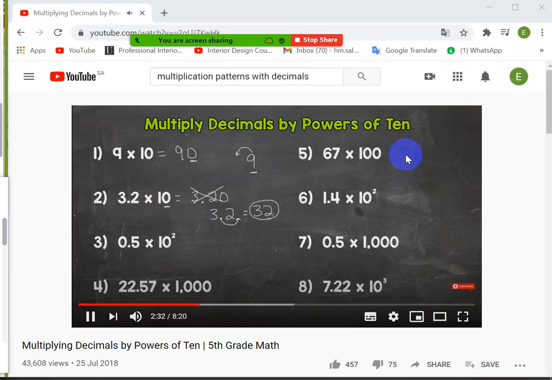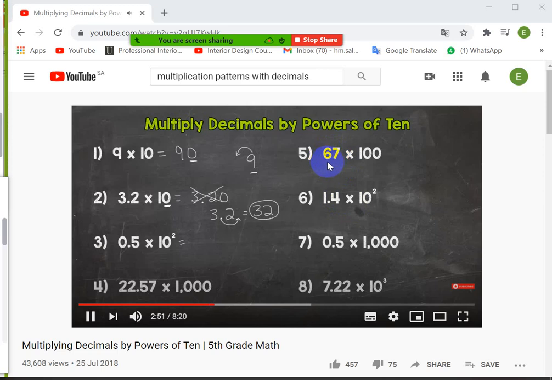So the key to multiplying decimals by powers of 10 is moving the decimal. And you either look at the number of zeros in your power of 10, if it's in standard form, written like a regular number, or if it's in exponential form like number 3, you look at the exponent.